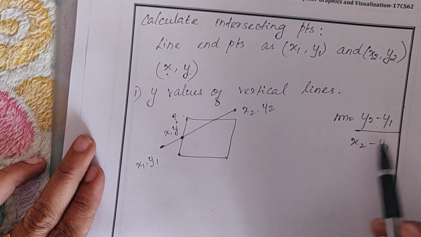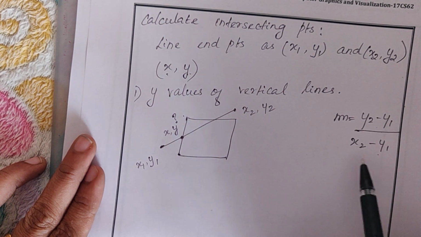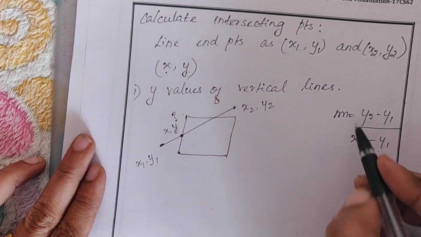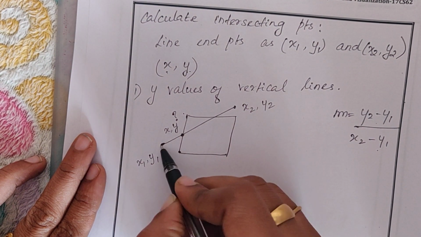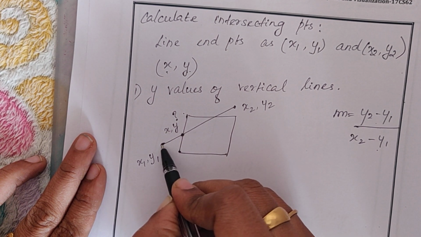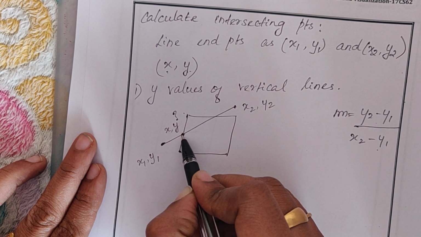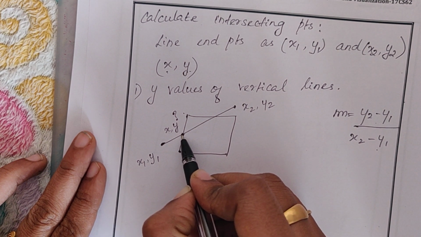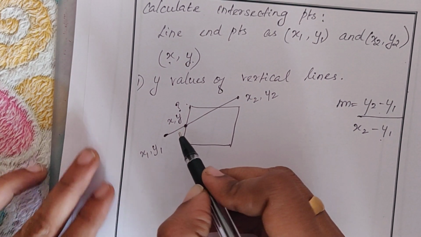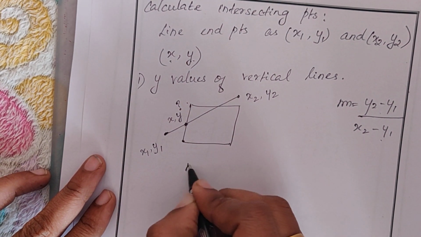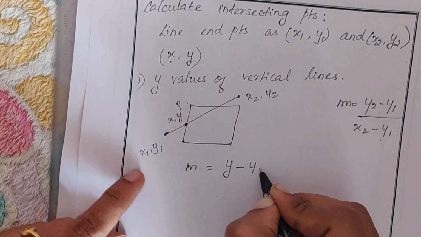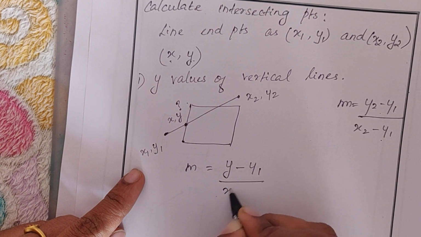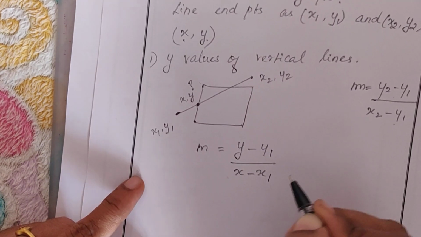m is equal to (y2 minus y1) by (x2 minus x1), right? Substitute this slope formula for this part: x1, y1, and in the place of x2, y2, I have x, y. So what will I get for m? y minus y1 by x minus x1.